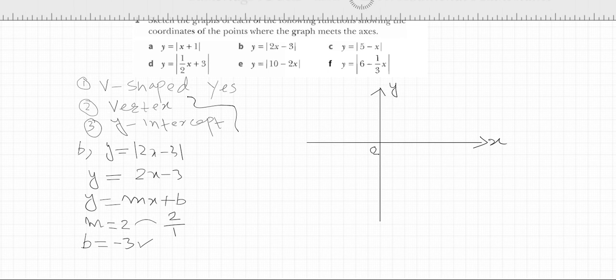So this is -1, this is -2 and this is -3. So this is our reference point -3, and what is our gradient? 2 upon 1. Rise is 2 and 1 is run.